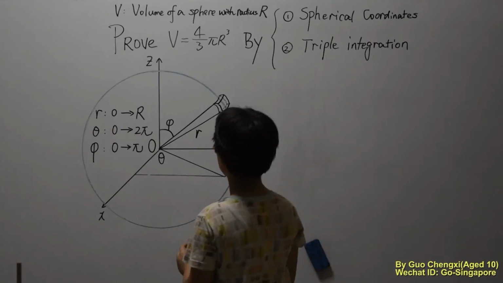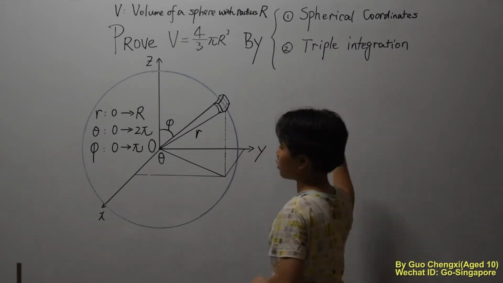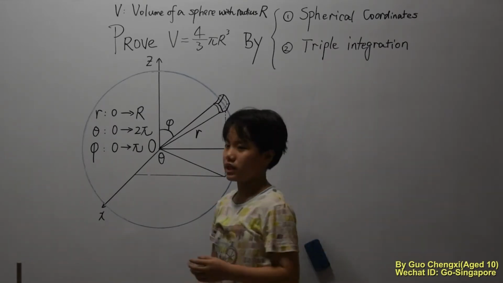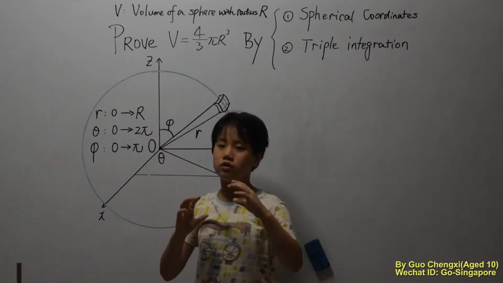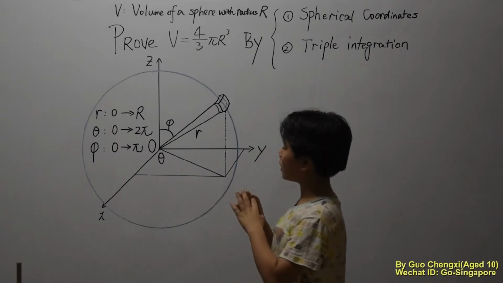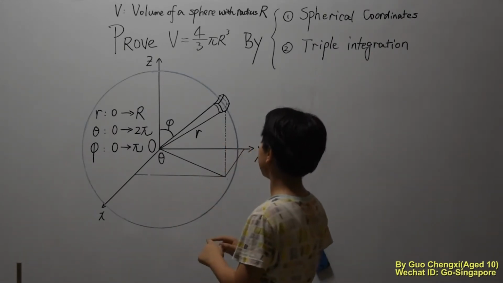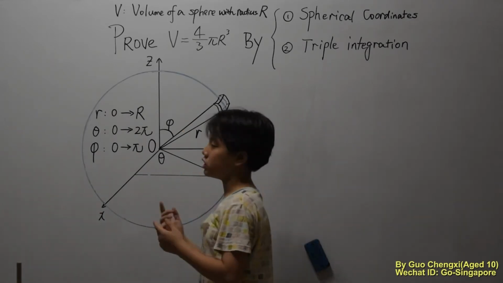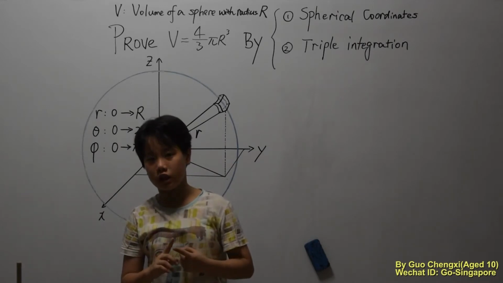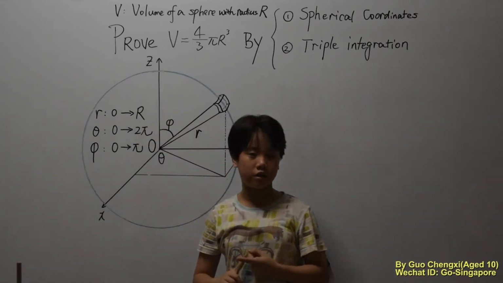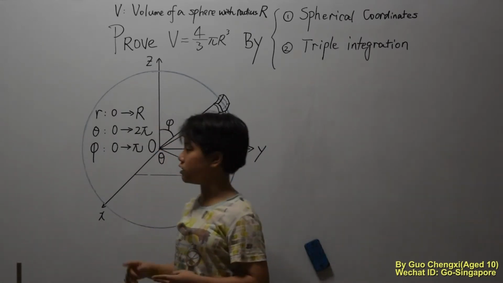But for this lesson, we'll be using a different method, which is triple integration. But wait, normally we do, so let me tell you about the coordinates. So for 2 dimension, basically here like a plane, here like the circle, you can use Cartesian coordinate, also known as rectangular coordinate, or else you can use polar coordinate, mainly used for circles.